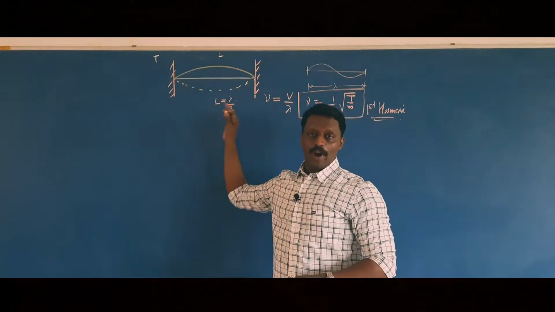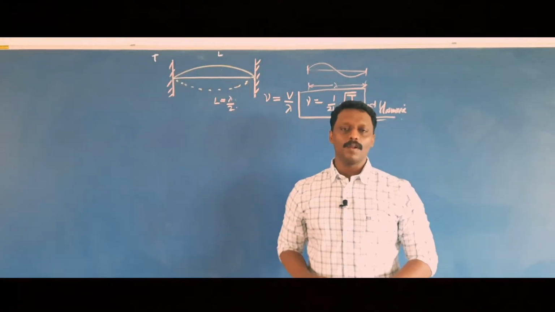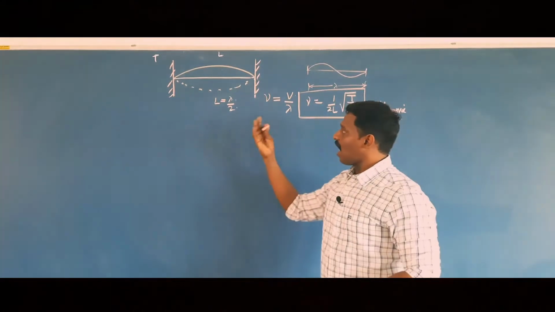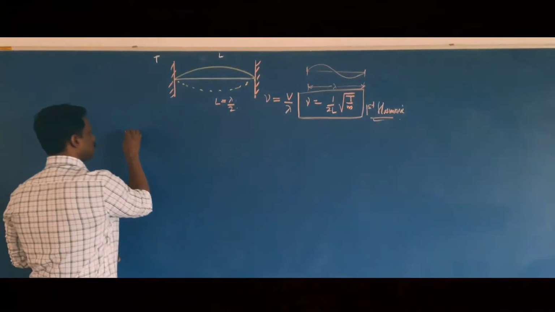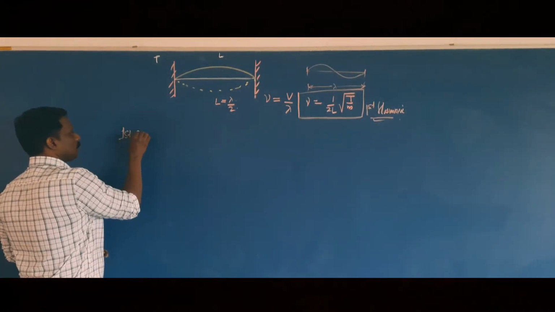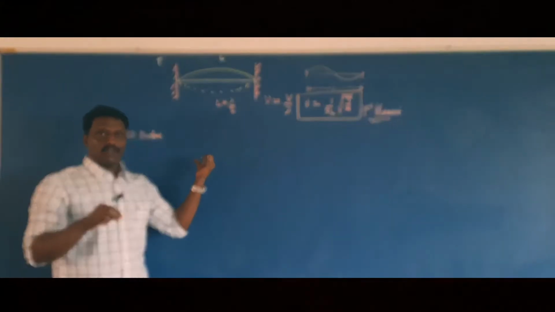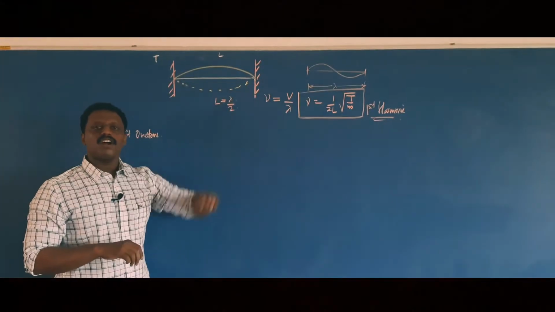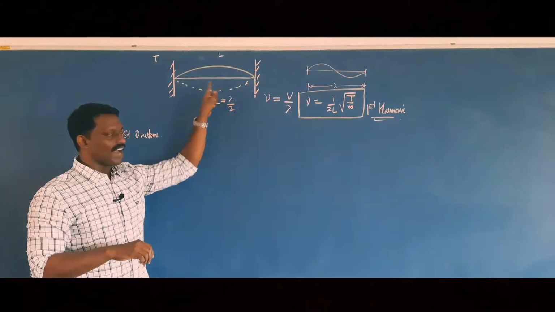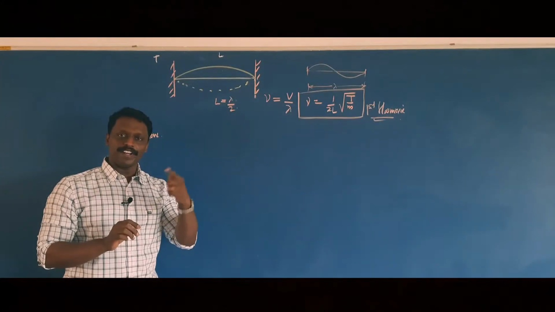The higher modes of vibration are known as the overtones of the fundamental mode of vibration. So the next higher mode of vibration is known as the first overtone. Now, how will we find the next higher mode of vibration? Here there are 2 nodes and 1 antinode. The number of nodes and antinodes gets incremented by 1 in the next higher mode of vibration.